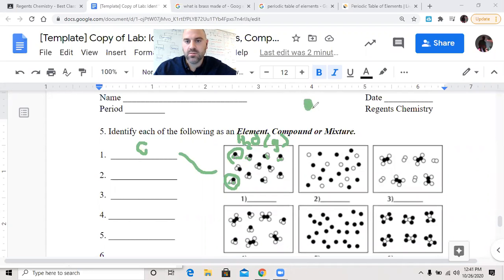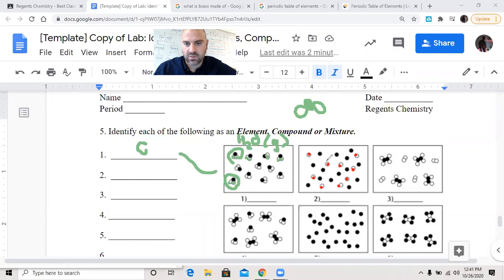You have 1 O, you have 2 H's, chemically combined in fixed ratio. So in this situation, you have 1 element, which would be maybe the transparent one. There's that red element, transparent one. But you also have the black element too. So you have 2 different elements in this situation.